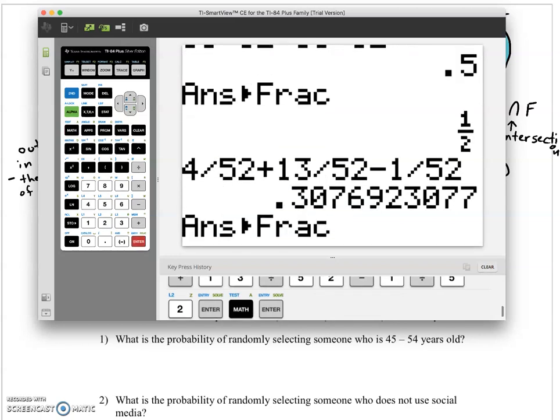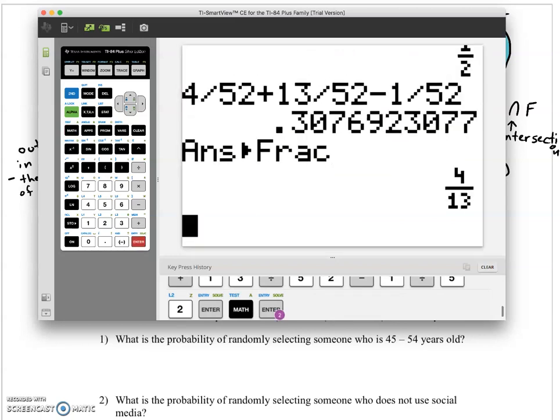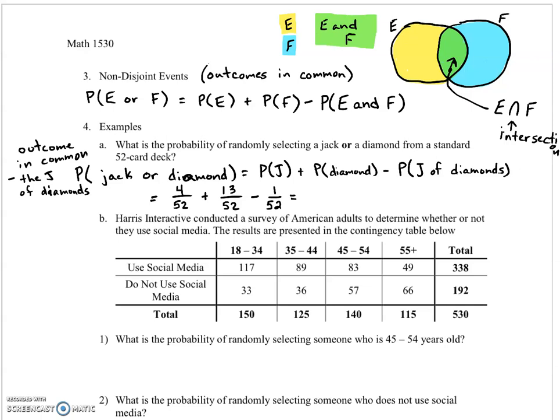And you can hit the math key and enter twice if you want a fraction. So we get 4/13 or approximately 0.318.